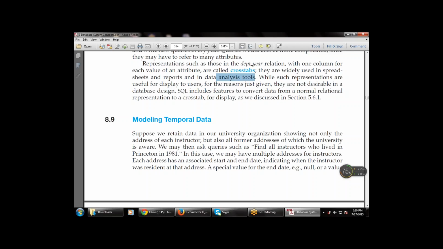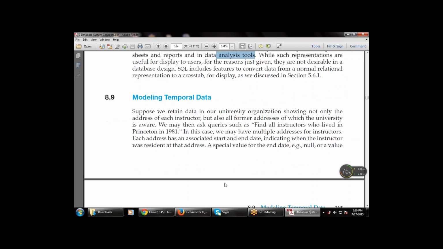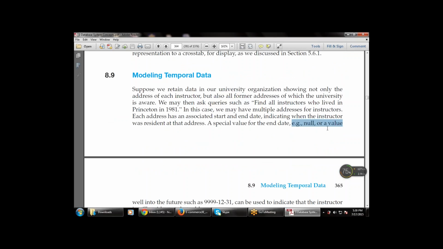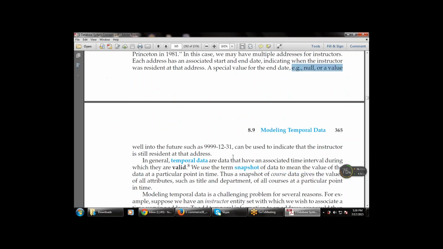We may then ask queries such as: find all instructors who lived in Princeton in 1981. In this case we have multiple addresses for instructors. Each address has an associated start and end date, indicating when the instructor was resident at that address. A special value for the end date, that is null or a value in the future such as 9999-12-31, can be used to indicate that the instructor is still resident at that address.